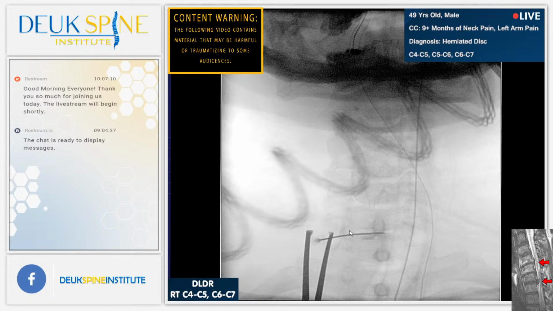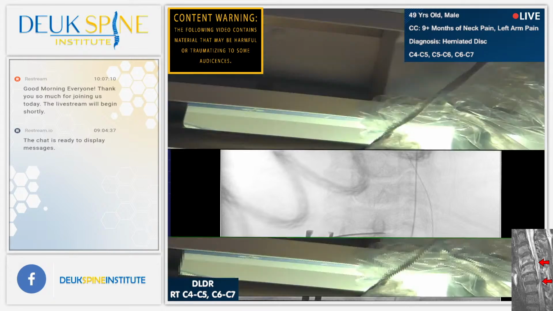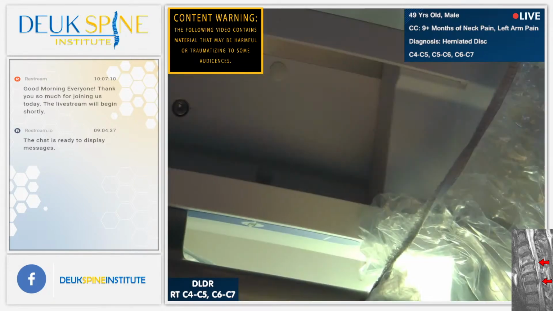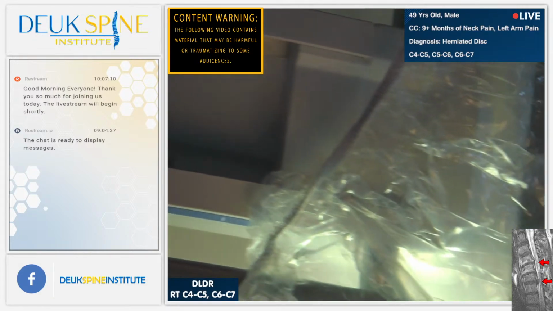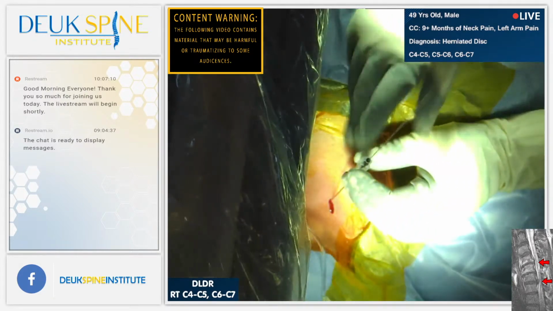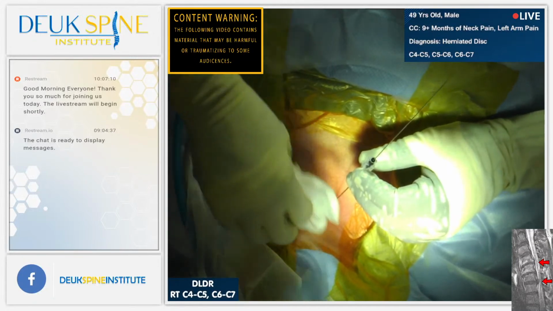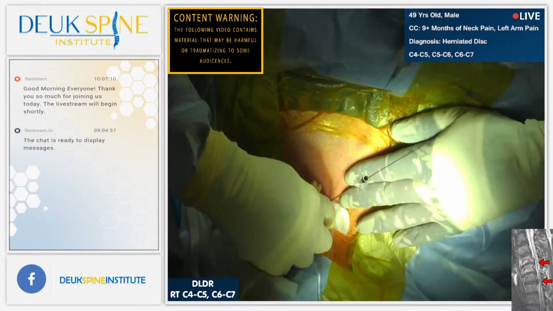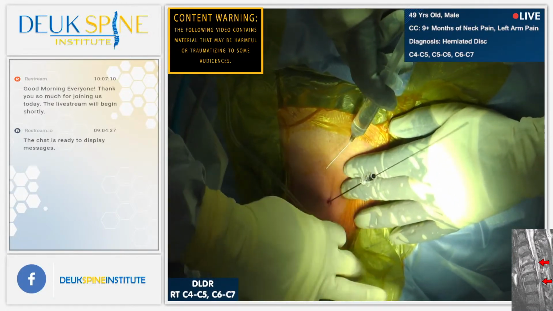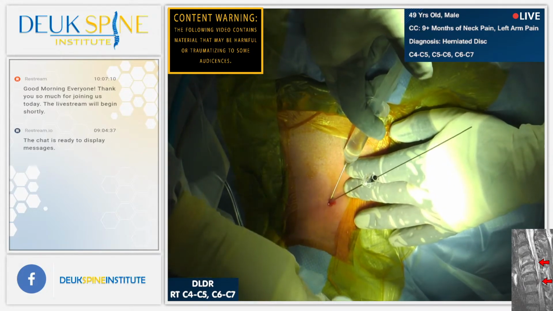Let's go ahead and show our audience why herniated discs cause neck pain and how they cause arm pain. Meanwhile, we're going to proceed with making our incision and getting our guide wire in place. There's no epi, right? No epi, just a light. Guys, this is going well so far for the patient.